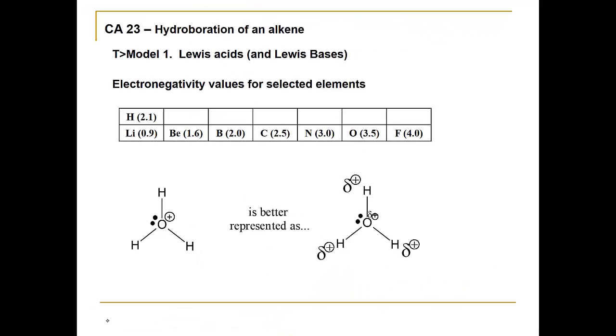So now let's extend this to some other examples. Now we've seen a number of reactions that have involved the hydronium ion. And so for instance, if I draw here an alkene, and as we know, the first step in an acid catalyzed addition of water involves the picking up of a proton by the pi system in the alkene. Now we know in terms of calculating formal charge that it's actually the oxygen that has the positive charge.